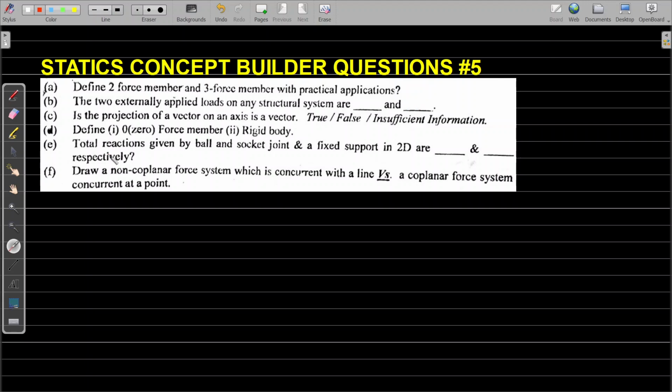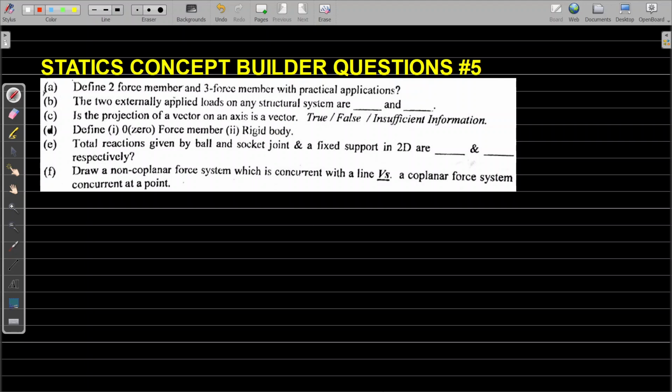Then comes another very conceptual problem: the projection of a vector on an axis is a vector. He is telling you that the projection of any vector on any axis, should you call it a vector, or not?